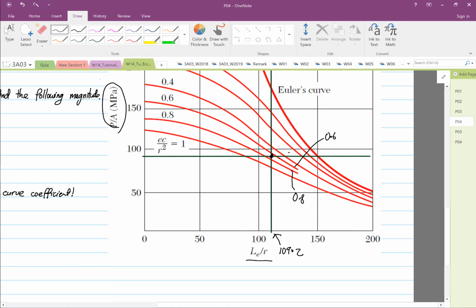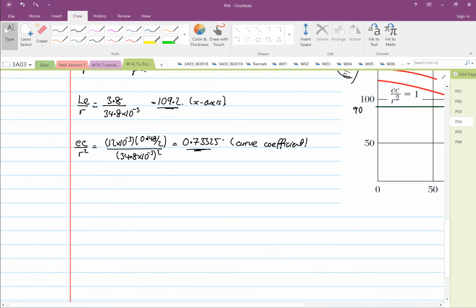I'll draw a horizontal line across, and again I'm just going to eyeball it. This is 90. So from the chart, it's just an estimation, P critical over area is equal to 90 times 10 to the power 6 Pascal.